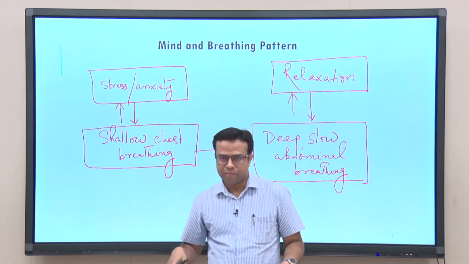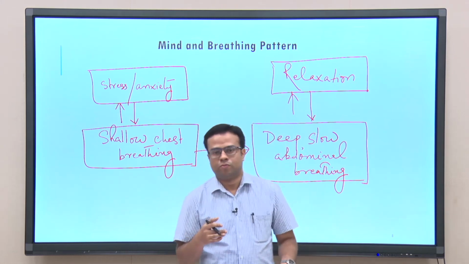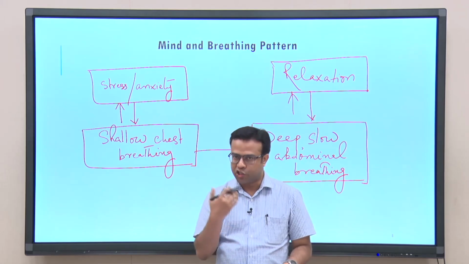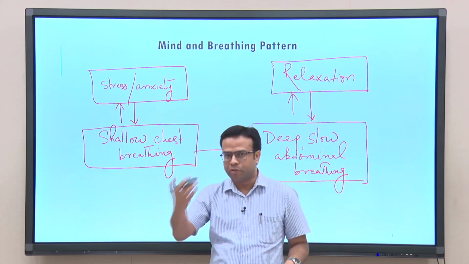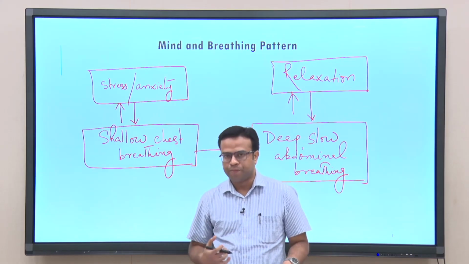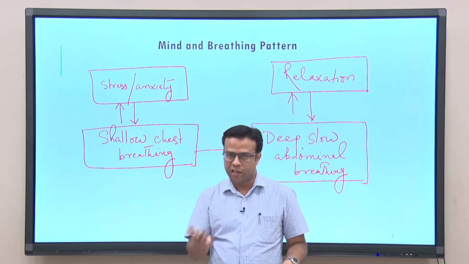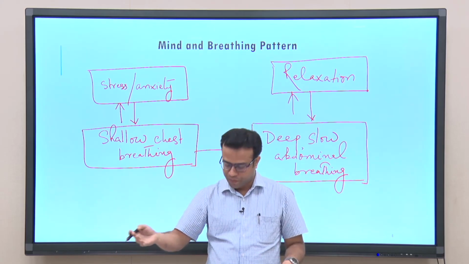So this is the mechanism that works here. Whenever we experience stress, we are likely to experience shallow chest breathing. If we consciously change our breathing pattern at that moment into more abdominal, deep and slow breathing, it will induce a relaxation response in our mind and change stress and anxiety into a more relaxed response.